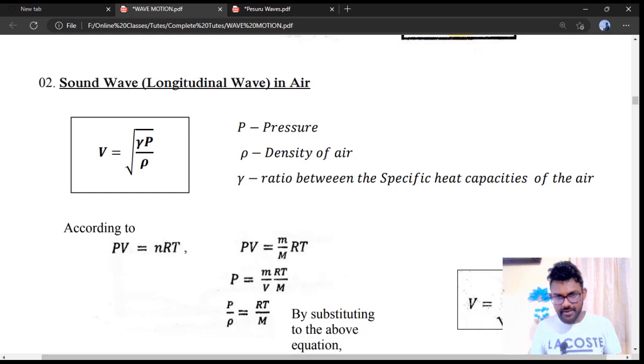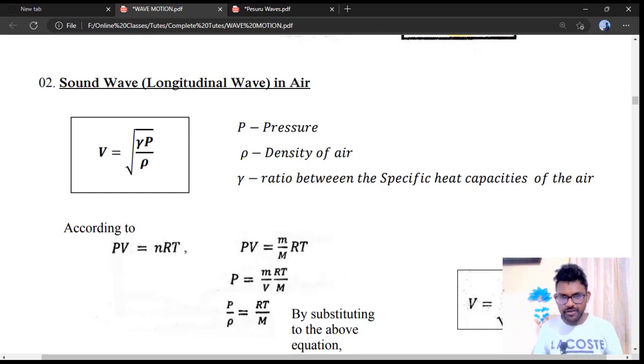What is this gamma? Gamma is the ratio between the specific heat capacities of the air. Have we finished the lesson on heat, the thermal physics? Yes, guys. What is this specific heat capacity? If you don't remember, it's time to pause the video and go through the note about the specific heat capacities.